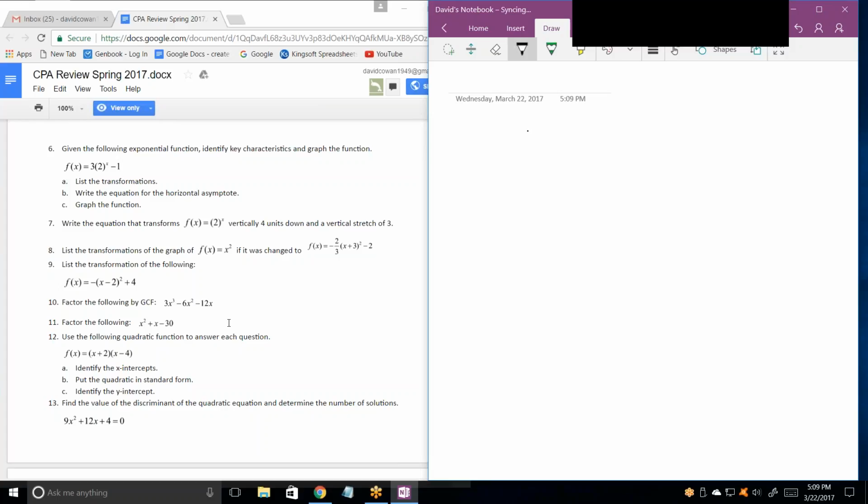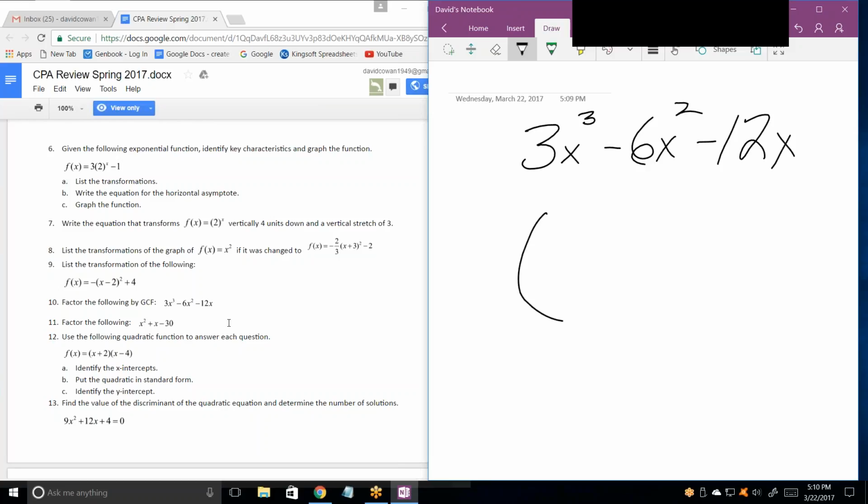Factor by greatest common factor. That would be x. Start with the number part. Always start with the number. What's the greatest number that you can factor out of all 3 terms? 3. Okay. Now let's look at the x. What's the greatest power of x you can factor out of all 3 terms?